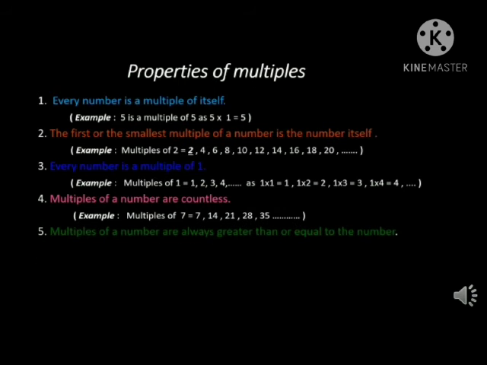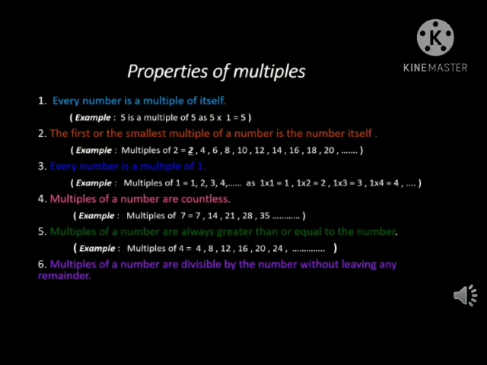Fifth property is multiples of a number are always greater than or equal to the number. For example, multiples of 4 are 4, 8, 12, 16, 20, 24 and so on. Here, multiples of 4 are equal to or greater than 4.